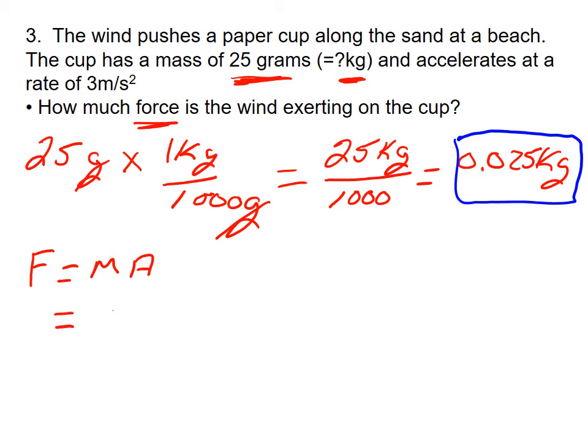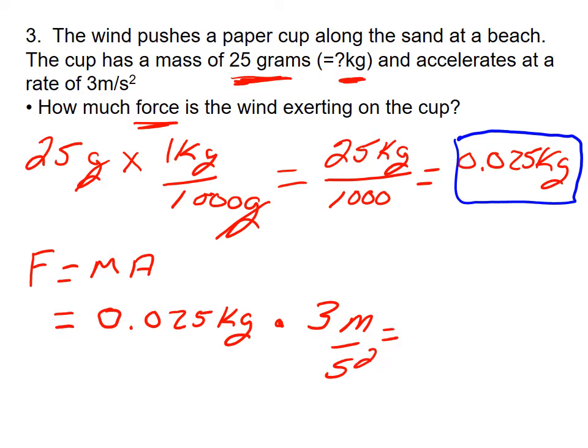We know that the mass now is 0.025 kilograms times acceleration of 3 meters per second squared. When you run that in your calculator, you get 0.075, and of course a kilogram and a meter per second squared is a Newton.